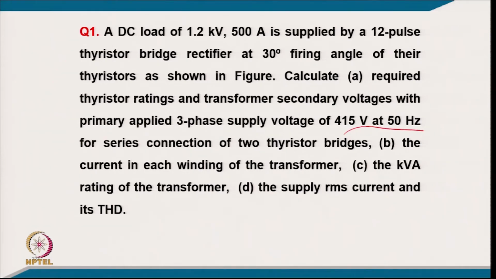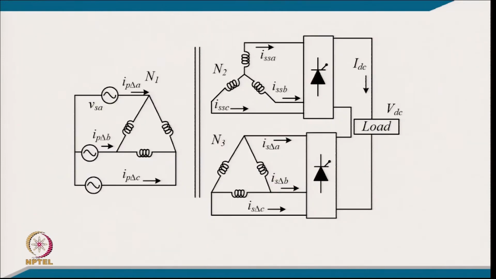B, the current in each winding of the transformer. C, the kVA rating of the transformer, and D, the supply current RMS and its THD. So, these are the typical connections: you have a star and delta star, and 2 thyristor bridges connected in series with a common current of IDC.